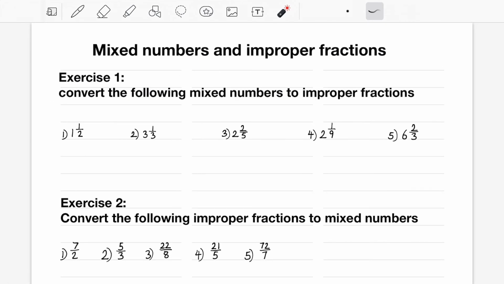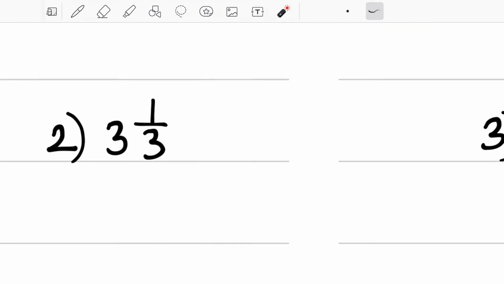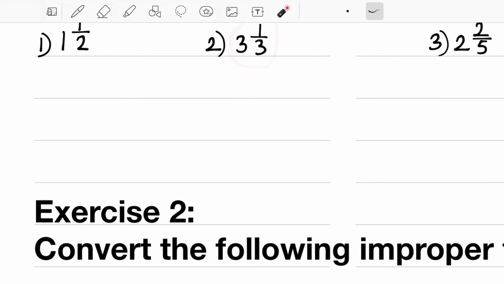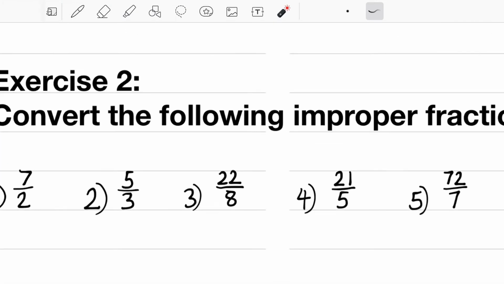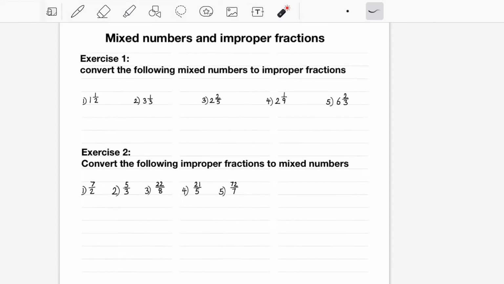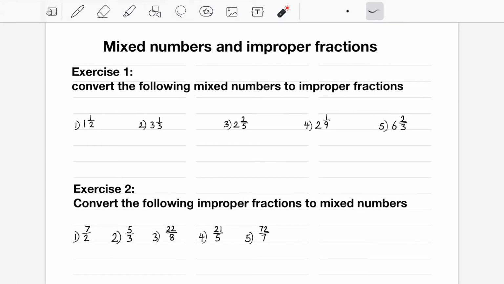Mixed numbers and improper fractions. So remember, I said that mixed numbers are simply a whole number and a fraction, while an improper fraction is where the numerator is bigger than the denominator. So let's begin. Exercise 1. Convert the mixed numbers to improper fractions.